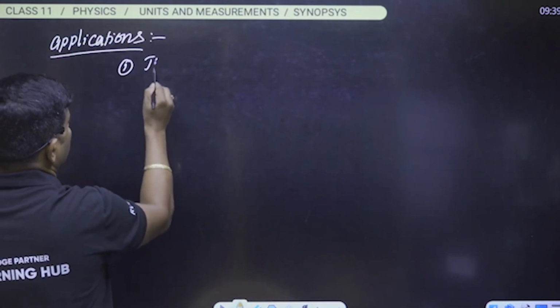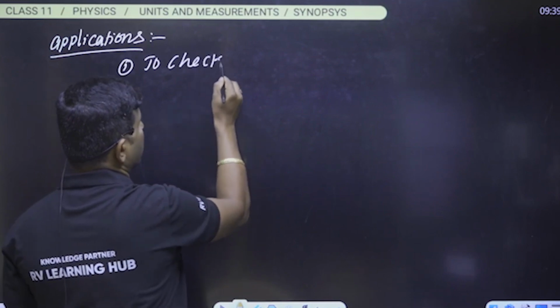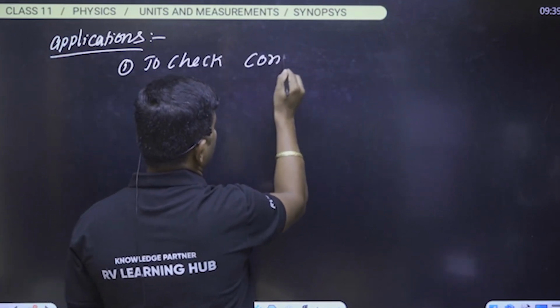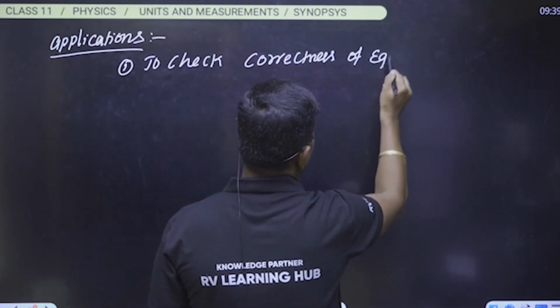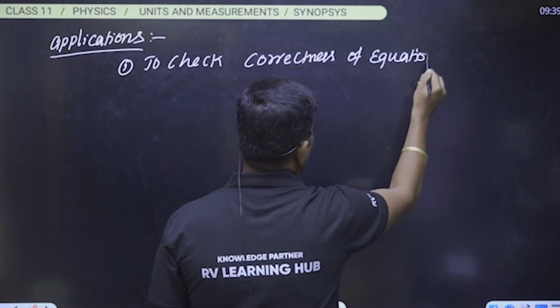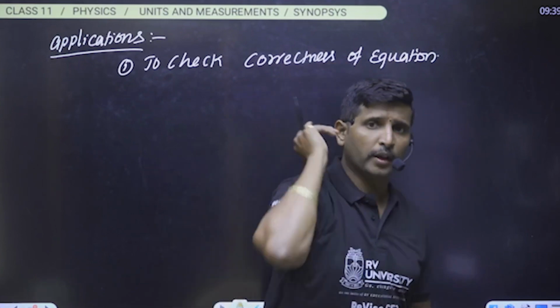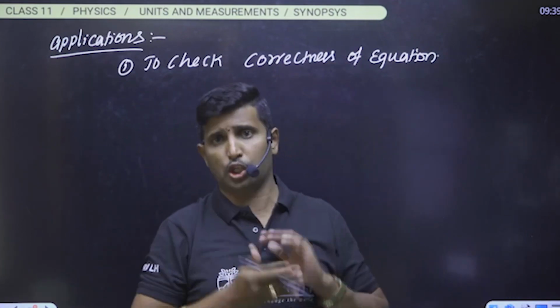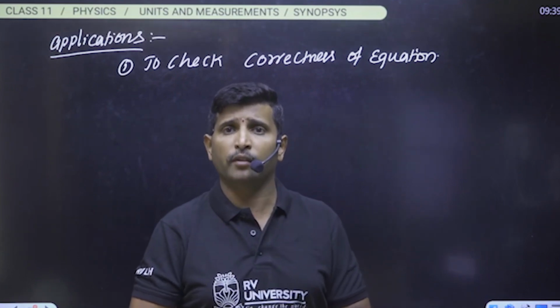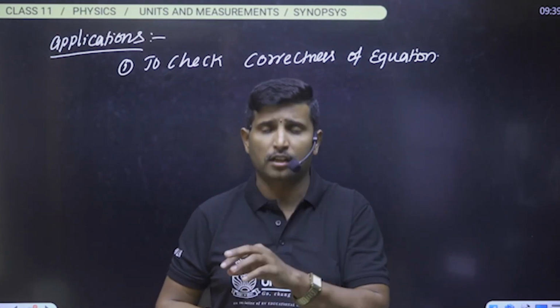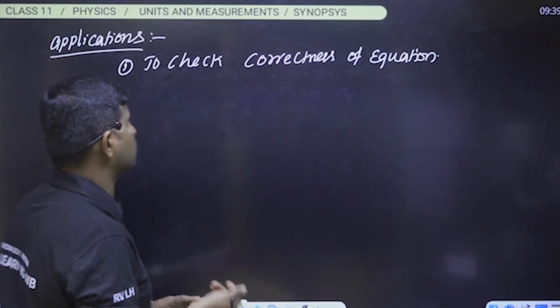First one, to check the correctness of an equation. Whenever an equation is given to you and we have to find whether the equation is correct or not, then we can go with dimensional analysis.